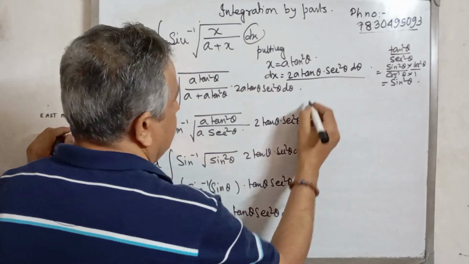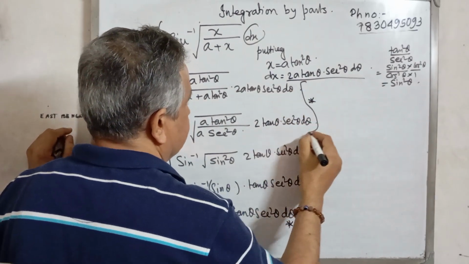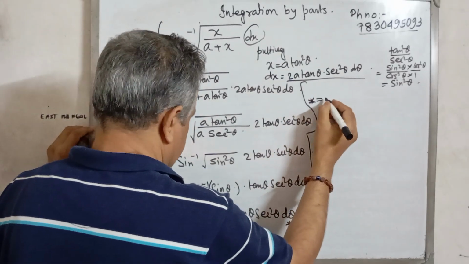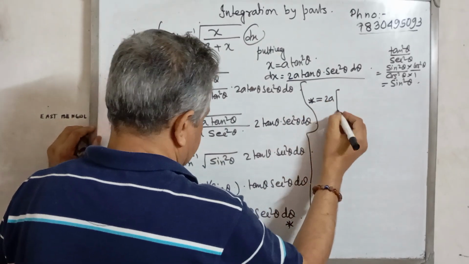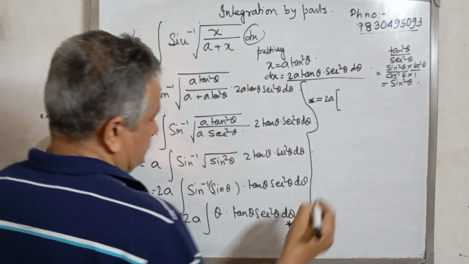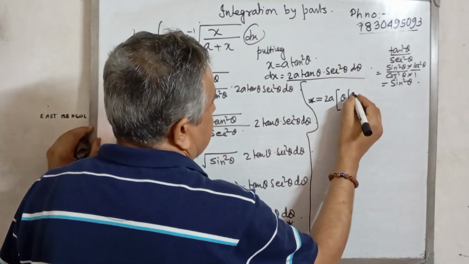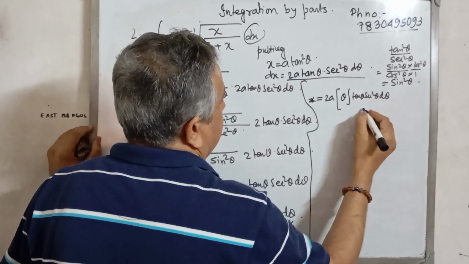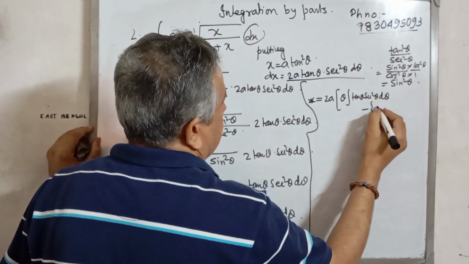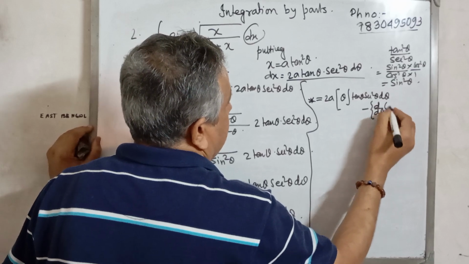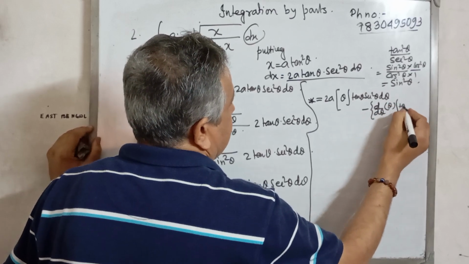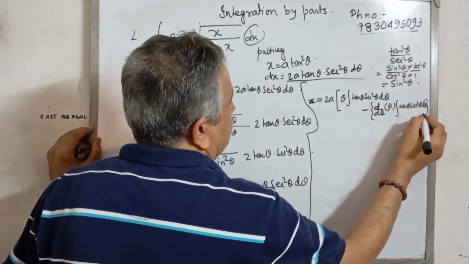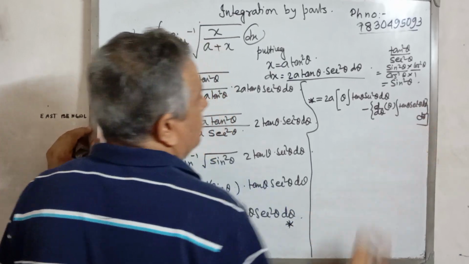From here we can write 2a times theta integration tan theta into sec square theta d theta minus d theta of theta integration tan theta sec square theta d theta, whole d theta, bracket close.